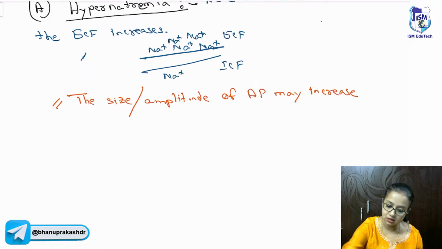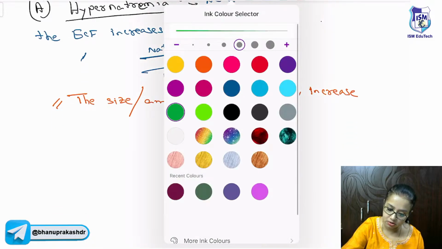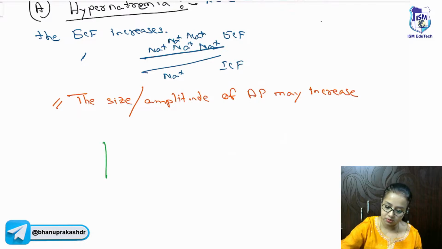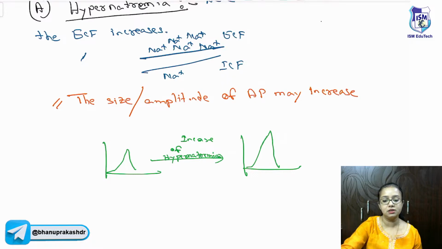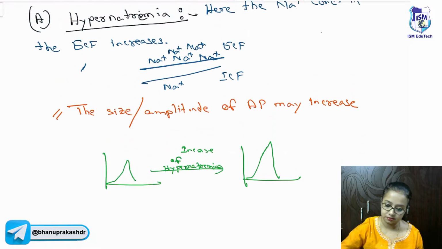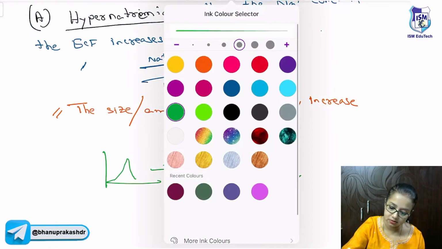Normally, just for our understanding, I'm drawing, it is supposed to be like this. In case of hypernatremia, the same thing might be bigger. Okay, this is the only difference. The amplitude may be bigger.